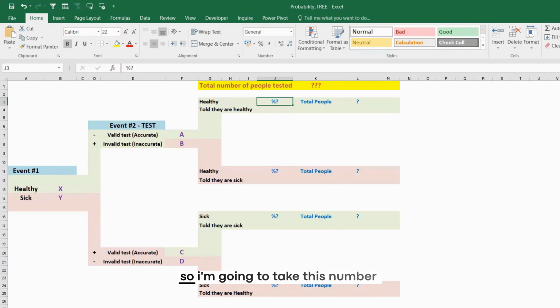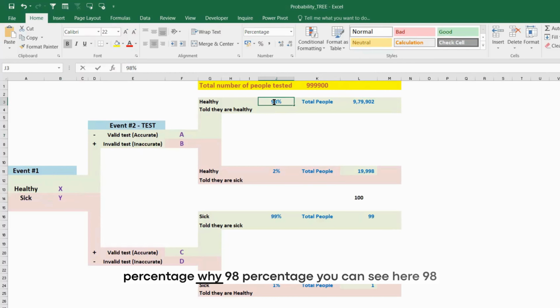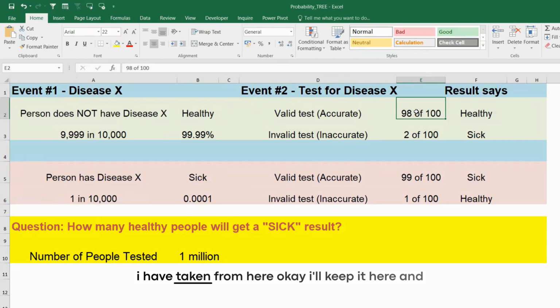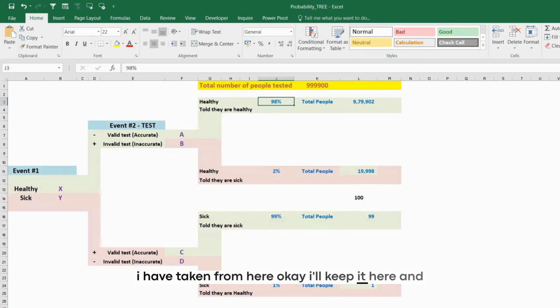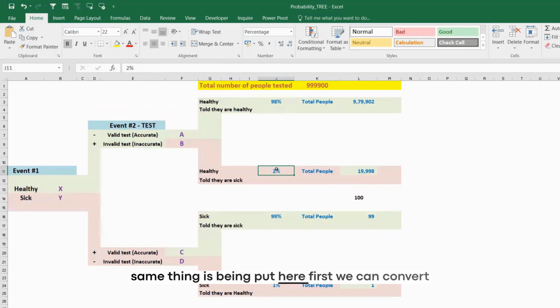So, I'm going to take this number, right? Take this one, X and Y, and healthy, as you know, is 98%. Why 98%? You can see here, 98 I have taken from here. Okay, I'll keep it here. And then the remaining 2% is sick. The same thing is being put here. Okay? First, we can convert that into percentage so that we can easily calculate the total number of people.